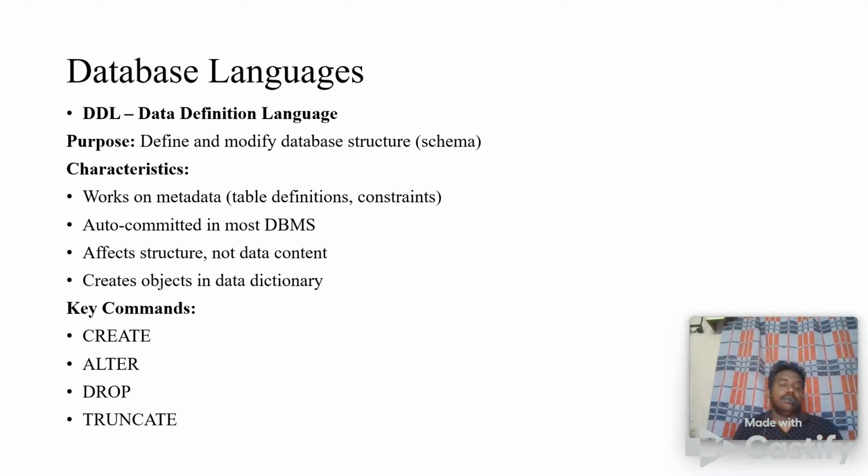I already stated in the previous video lecture that it is useful to modify only the structure, where only the schematic structure is modified, not the information stored in it. For example, to create a student table, that was the example I gave in the previous lecture video.